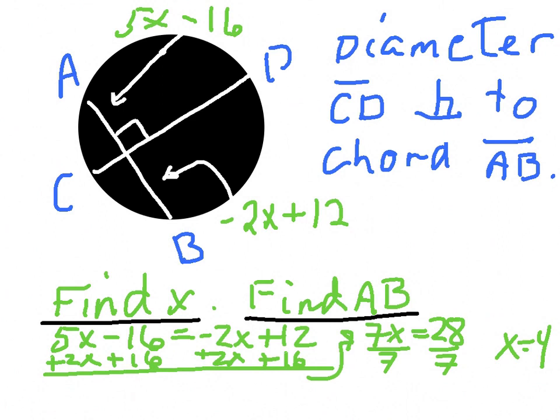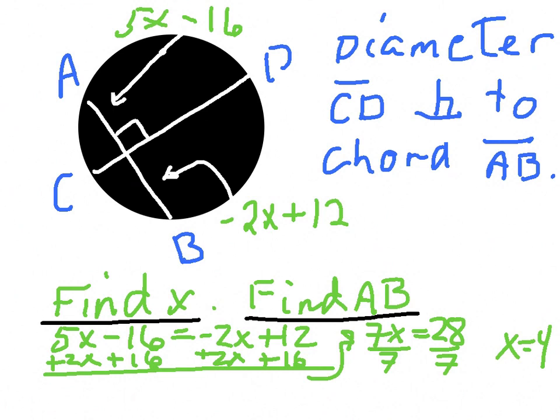So once you find x, then you need to plug x in to both of these, because these two pieces added together, this piece here and this piece here, are going to be the total of AB.